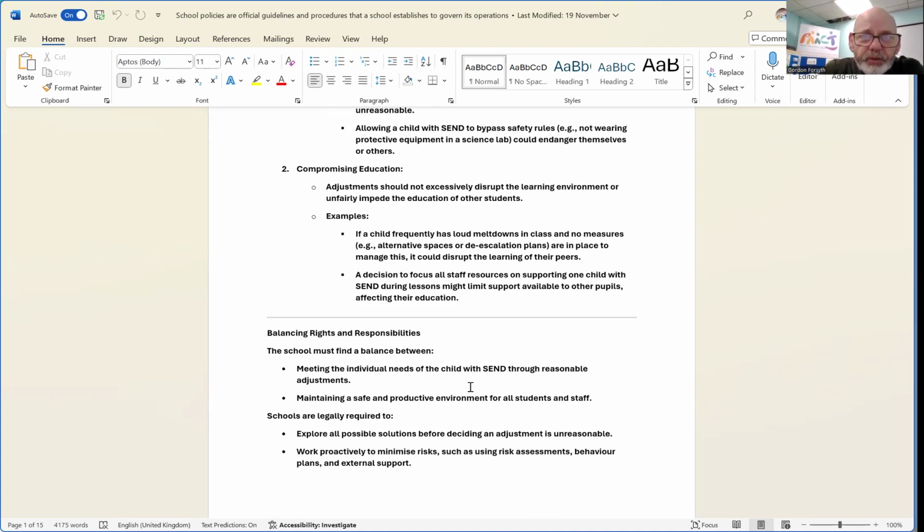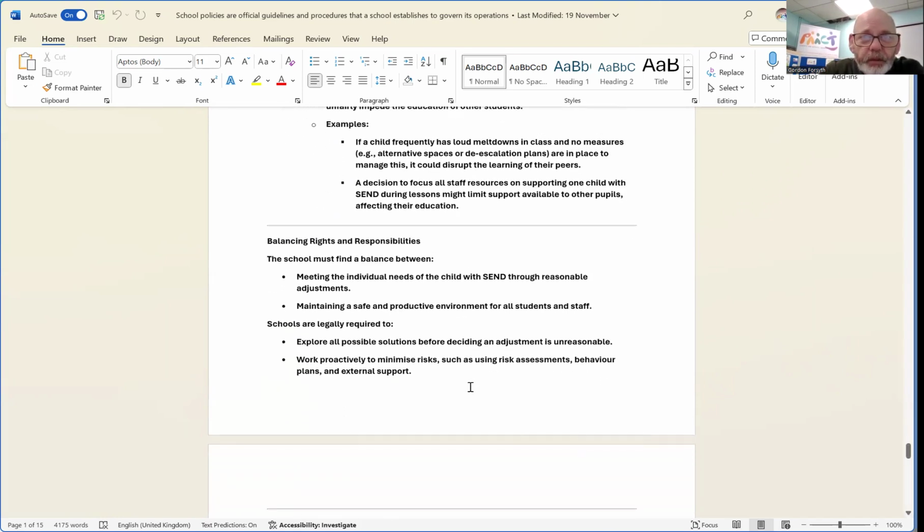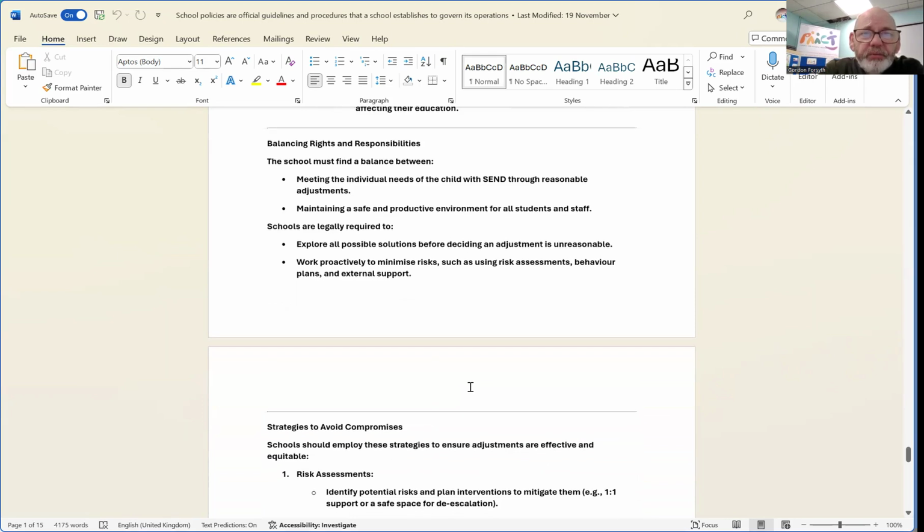A decision to focus all staff resources on supporting one child with SEND during lessons might limit support available to other pupils, affecting their education. Yeah, that's very straightforward. Balancing rights and responsibilities: schools must find a balance between meeting the individual needs of the child with SEND through reasonable adjustments, and maintaining a safe and productive environment for all students and staff.